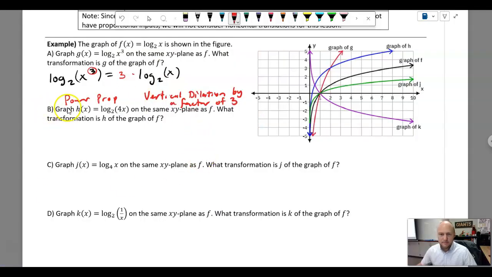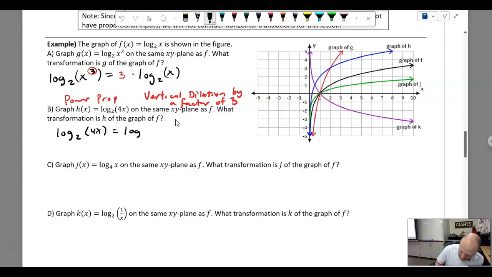Okay, part B: graph h of x equals log base 2 of 4x on the same xy plane as f. What transformation is h of the graph of f? For this one, log base 2 of 4x, I'm going to separate these.